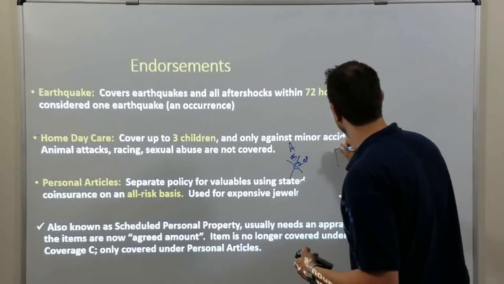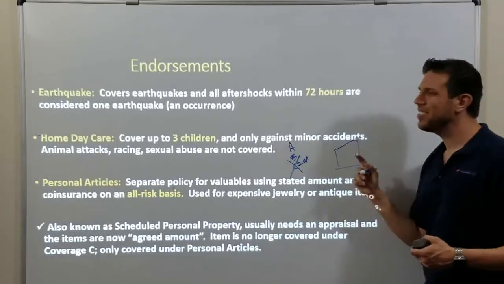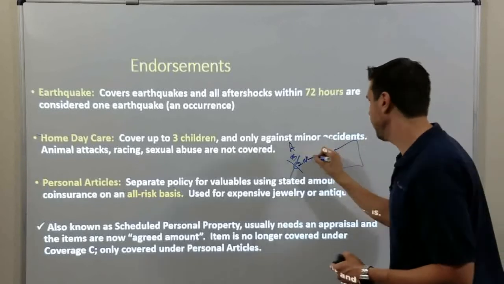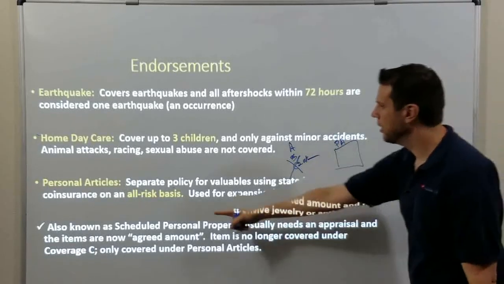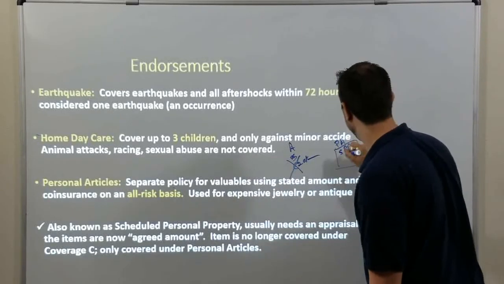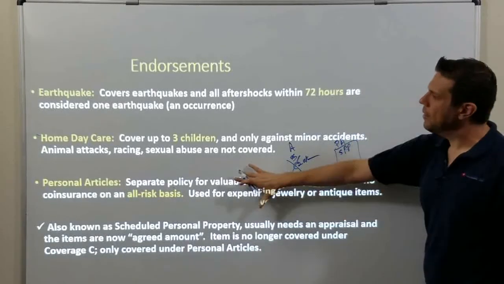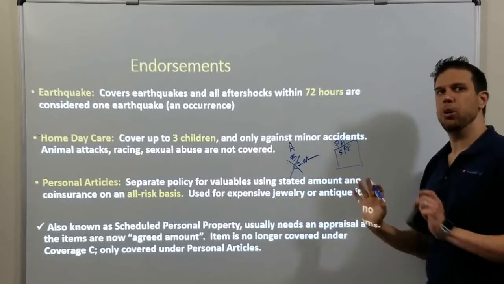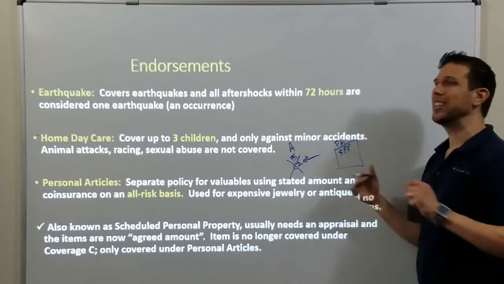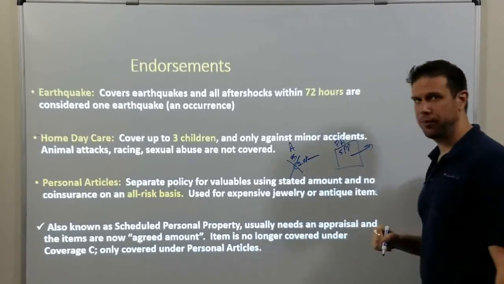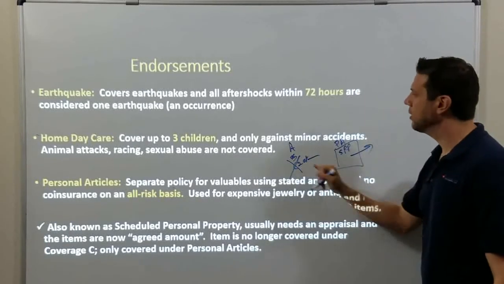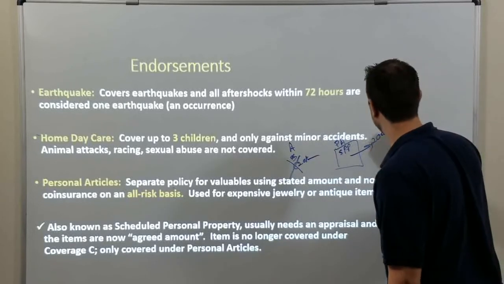And I'll buy its own separate policy called personal articles, also known as scheduled personal property. When you add things onto this, you remove it from the homeowner's policy and give it its own insurance policy that you pay extra for. So like a $20,000 ring would cost like $200 a year.